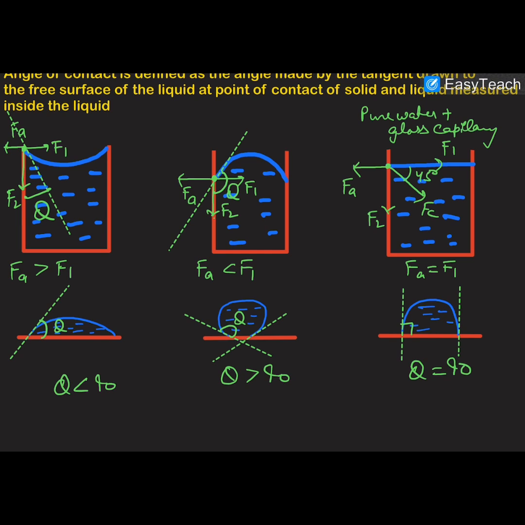So when we dip some liquid into a capillary tube, and that liquid is pure water and the tube is of glass, then you will see that the shape of the free surface of the liquid is flat. This is called a flat meniscus.